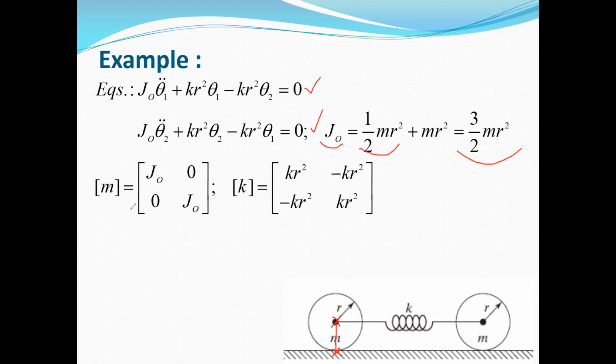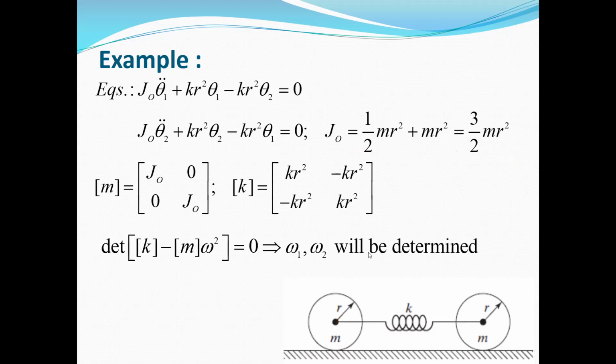Now we can write in matrix form. This is the matrix M and this is the matrix K. Again, you can see that we don't have dynamic coupling, and we only have a static or elastic coupling in this system. So to extract the natural frequencies of this system, we can form the matrix of the coefficients, K minus M omega squared, and if you find the determinant of this matrix, you can obtain omega 1 and omega 2.